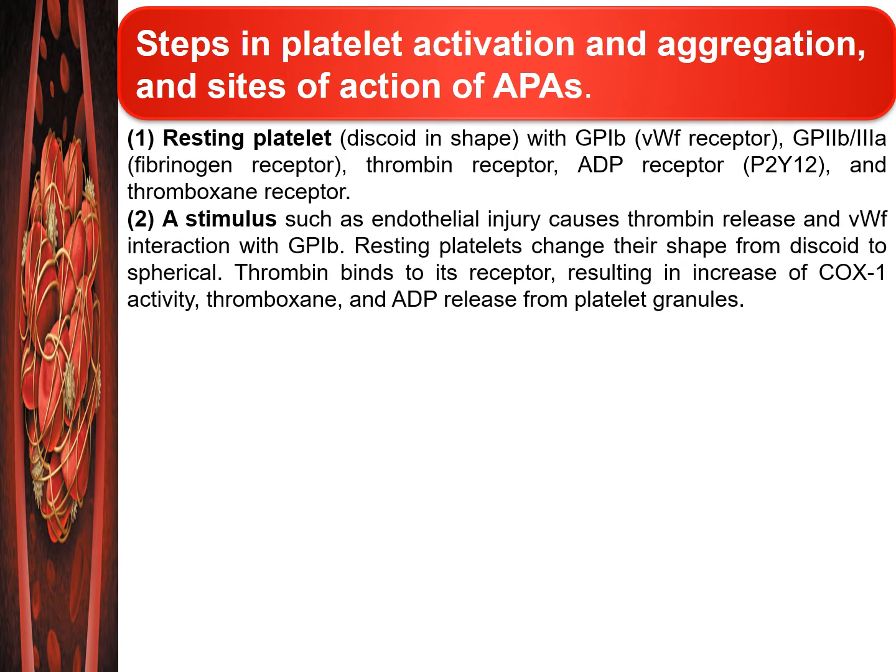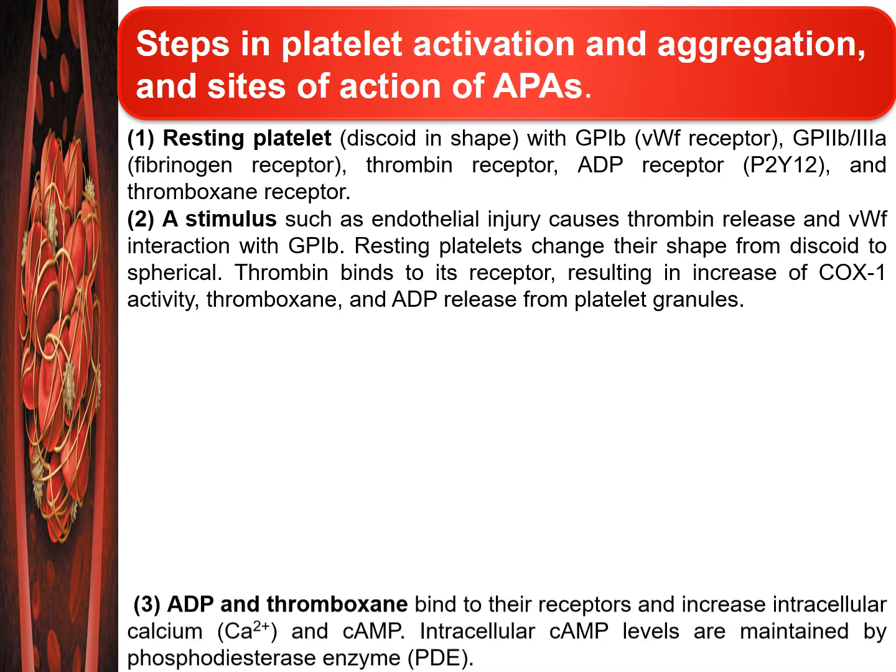And in the second step, a stimulus such as endothelial injury causes thrombin release and von Willebrand factor interaction with the GP1b. Resting platelets change their shape from discoid to spherical. Thrombin binds to its receptor, resulting in increased COX-1 activity, and thromboxane and ADP release from the platelet granules.